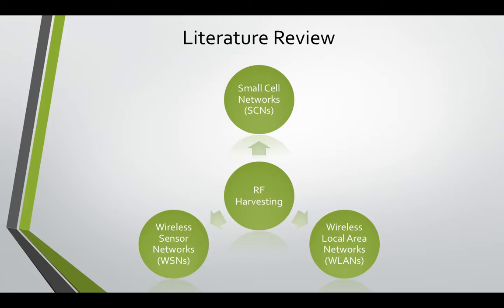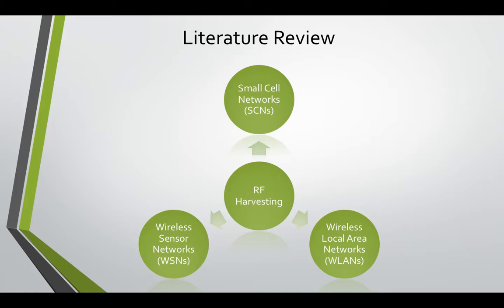The literature that has been reviewed about RF harvesting on wireless networks can be divided into three types according to the network types: small cell networks, wireless sensor networks, and wireless local area networks.